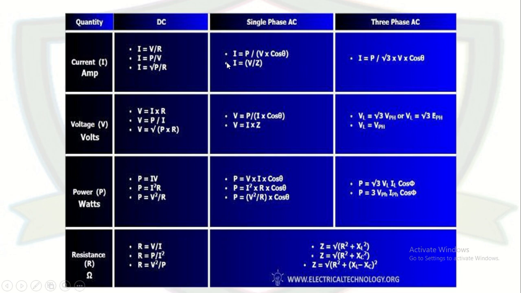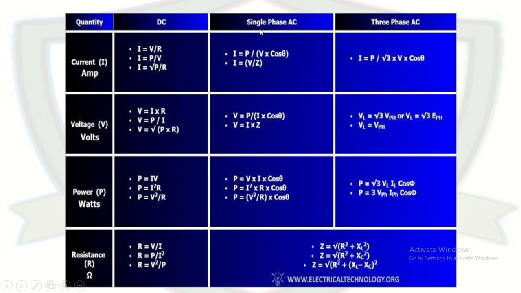We can show here, as you can see, current, voltage, power, resistor. Current means voltage over resistance: I = V/R. This is current, also power over voltage, also current equals the square root of power over resistance.